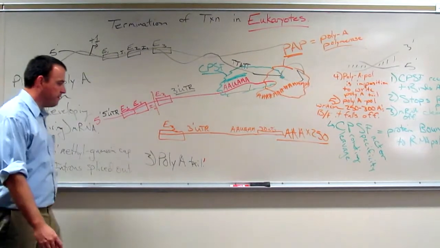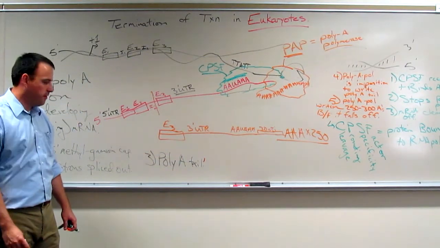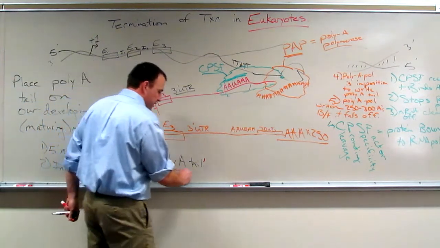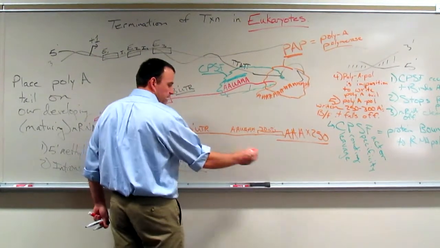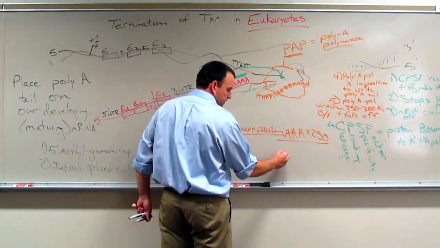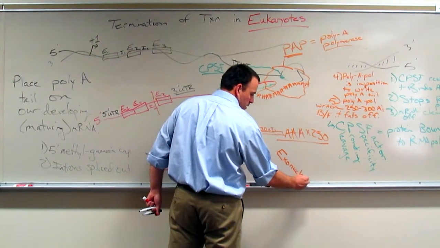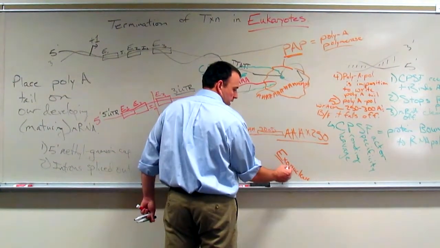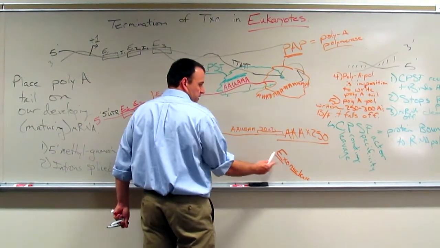Now, the only reasonable question left is how does this protect it? How does this protect our mRNA? These A's allow it to be safe, because if you imagine an exonuclease, that's an enzyme. Exo means outside. Nuclease, it destroys nucleic acids from the outside.